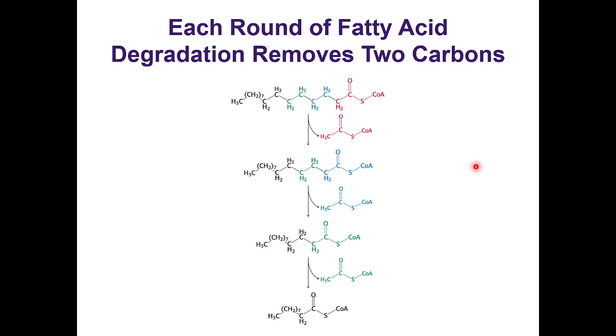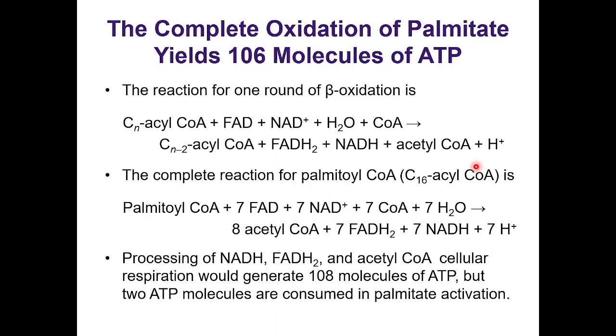Exactly, you divide it by 2, and then minus 1 because the last one doesn't need to do it. And so we do it 7 times, but we actually get 8 acetyl-CoAs out, don't we? Because technically we started with 1 of them.